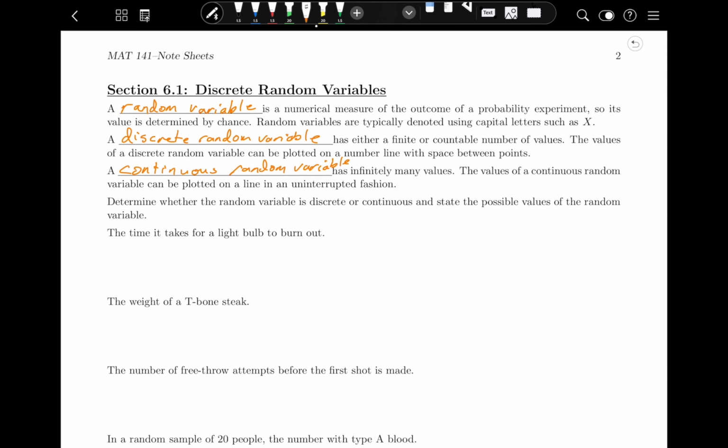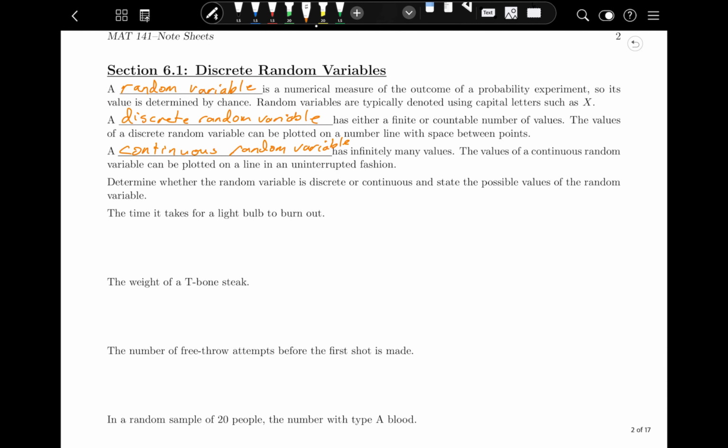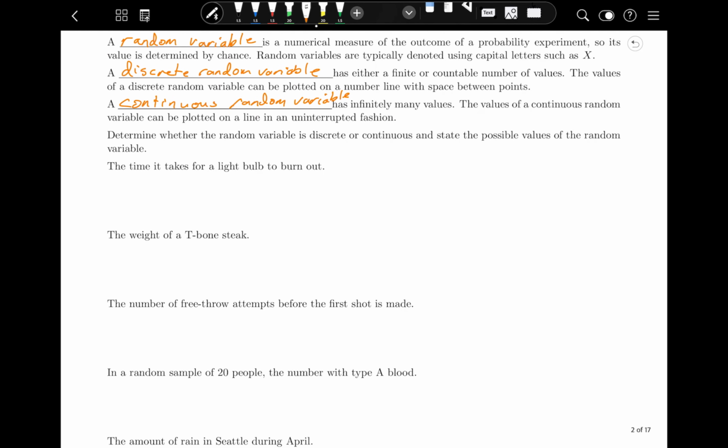So the time it takes a light bulb to burn out. A light bulb can burn out in pretty much any decimal point of time. It's not something we count. In fact, it's something we measure. And so therefore, this is going to be continuous, right? Remember back to chapter 1, the way we could tell the difference between discrete and continuous was if we measure it, then it's continuous.